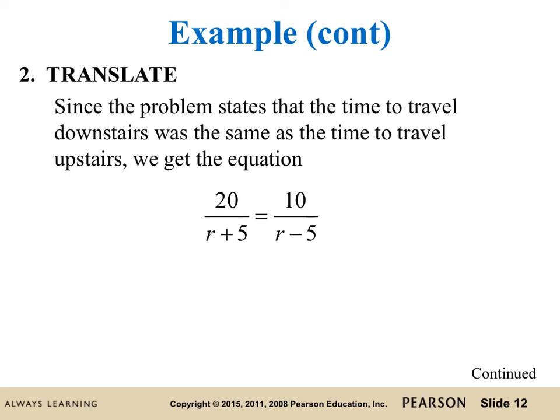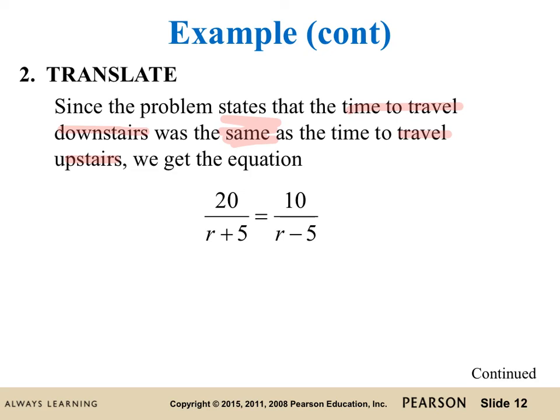So now we'll translate that into an equation that we can solve. And since the problem states that the time to travel downstream was the same as the time to travel upstream, that means we have those two set to be equal to each other because the two times are the same.